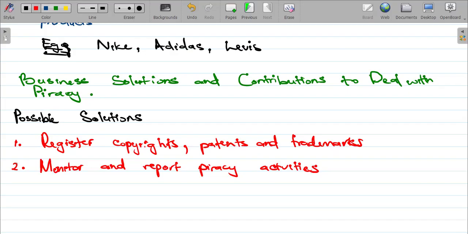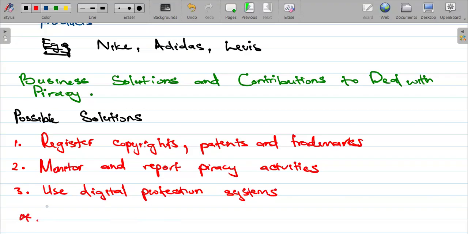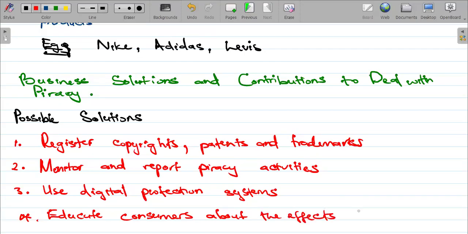It also has to use digital protection systems, as well as educating customers or consumers about the effects of piracy.